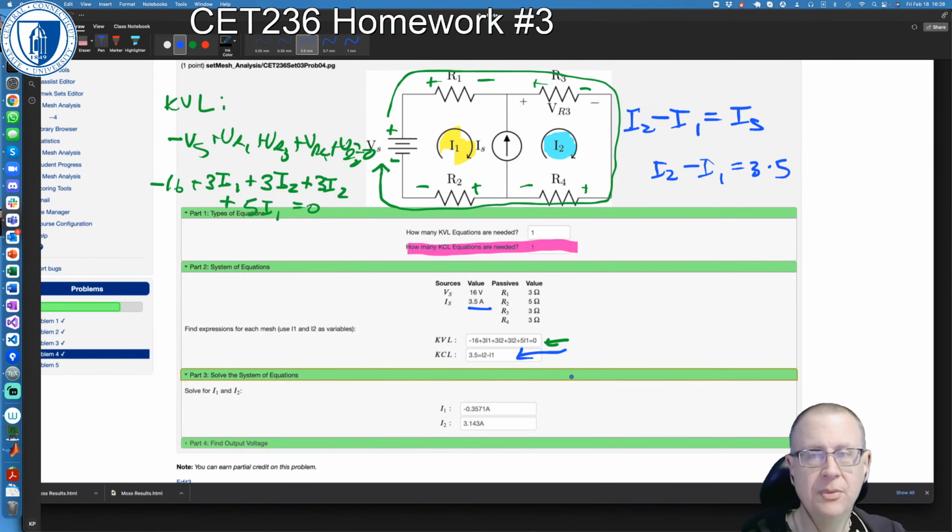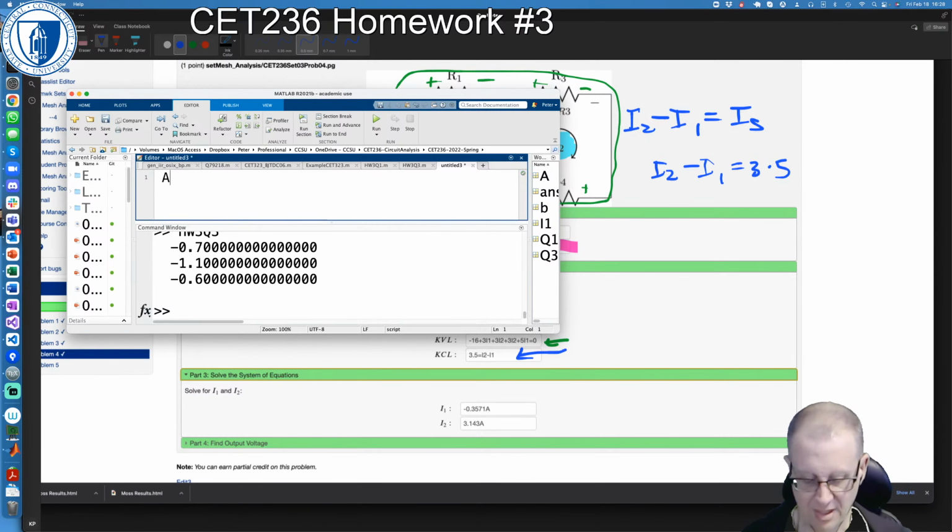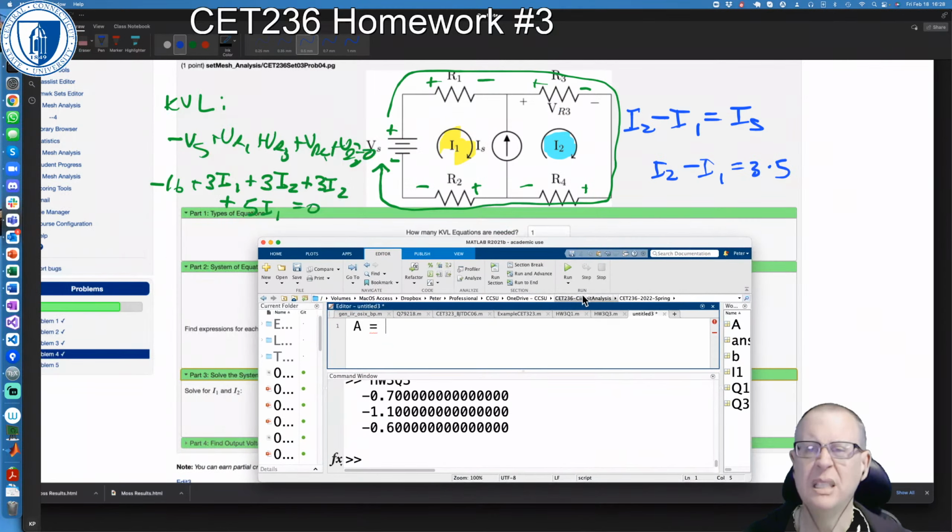Then this is just a 2 by 2 equation, so I can do that pretty simply. I can say that A equals, let's move it out of the way and figure out what my I1 coefficient is. It's 8. My I2 coefficient is 6.